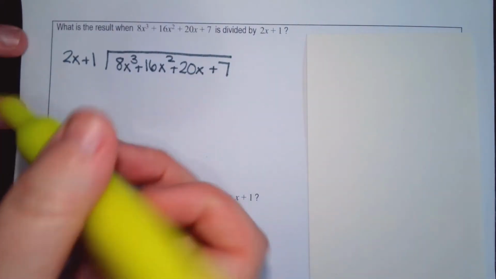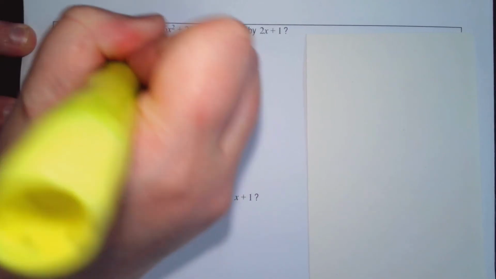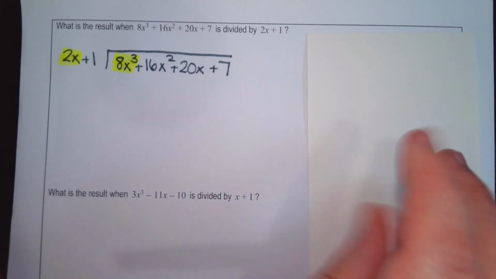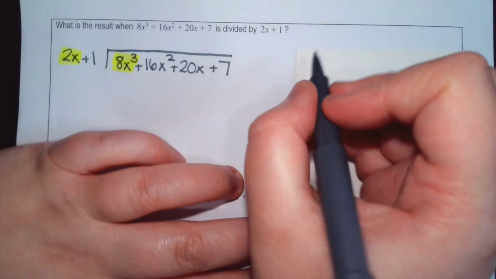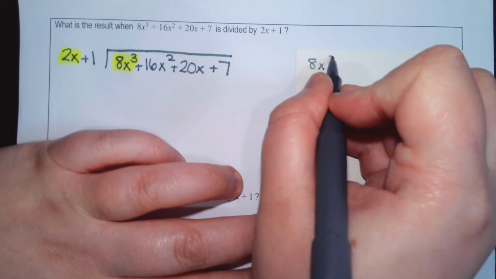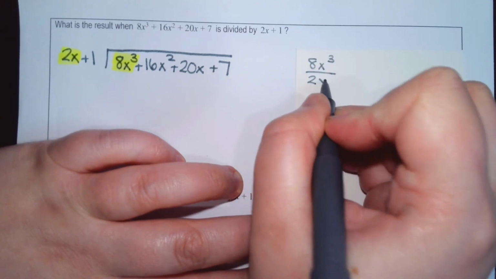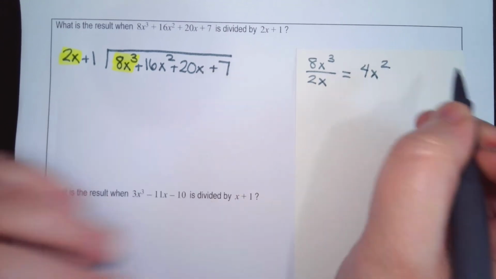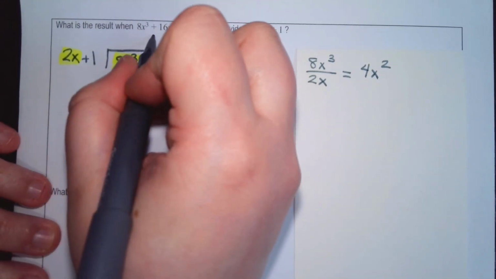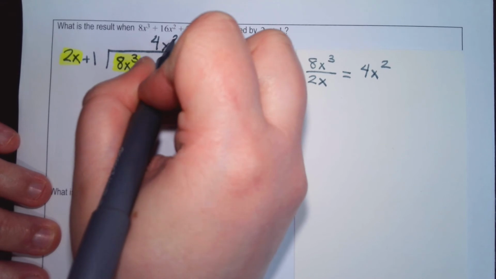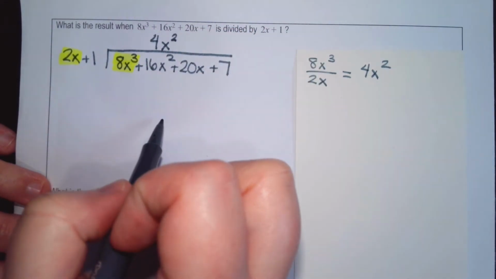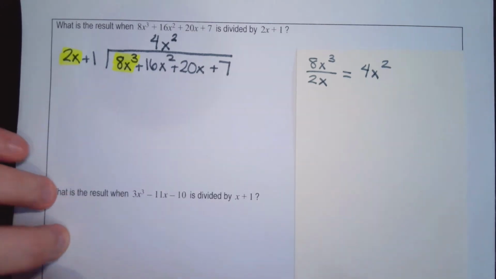So first thing I'm going to do is identify our leading terms, because remember, we always rely on our leading terms. So first, we divide 8x cubed divided by 2x. That gives us 4x squared, and I'm going to put that on top above our x squared, because again, we like to line up our terms.